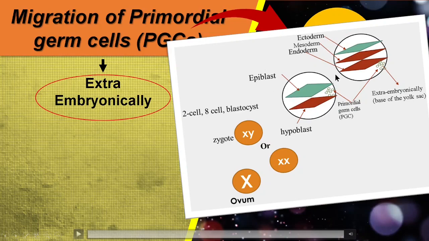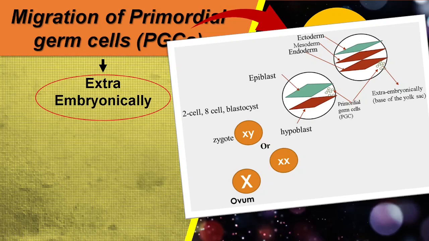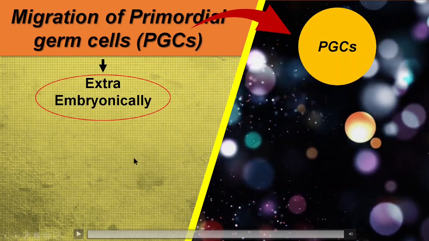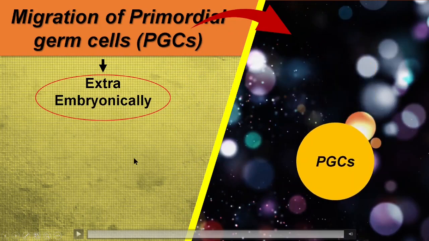This primordial germ cell develops extraembryonically because the epiblast and hypoblast give rise to the three germ layers, that is ectoderm, mesoderm and endoderm, and these three germ layers give rise to the whole organism. So this isolated cell develops extraembryonically, and when the organism is developed, they form the genital ridge. The primordial germ cell migrates to the genital ridge. The genital ridge is the primitive gonad.